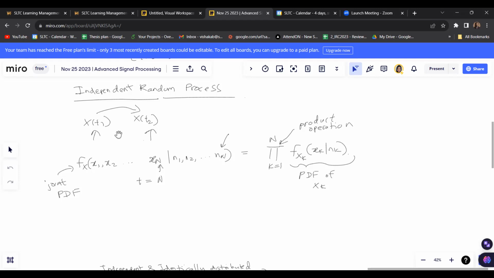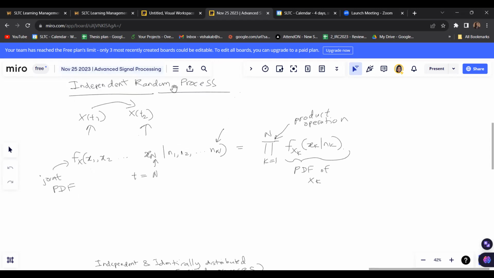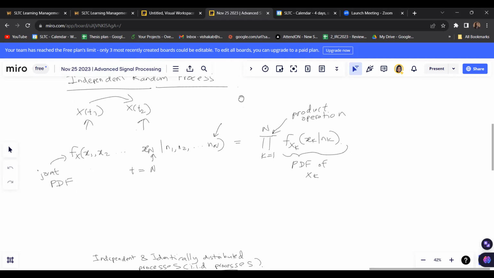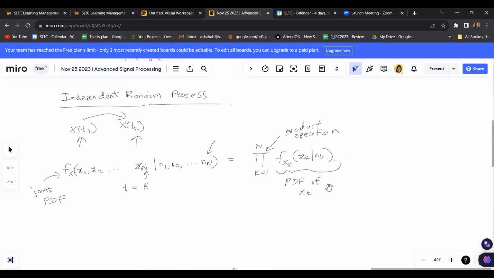In that case, the probability distribution of such an independent random process can be mathematically defined as the product of each individual PDF of the random variables, which together represent the joint PDF of all the random variables in the random process.